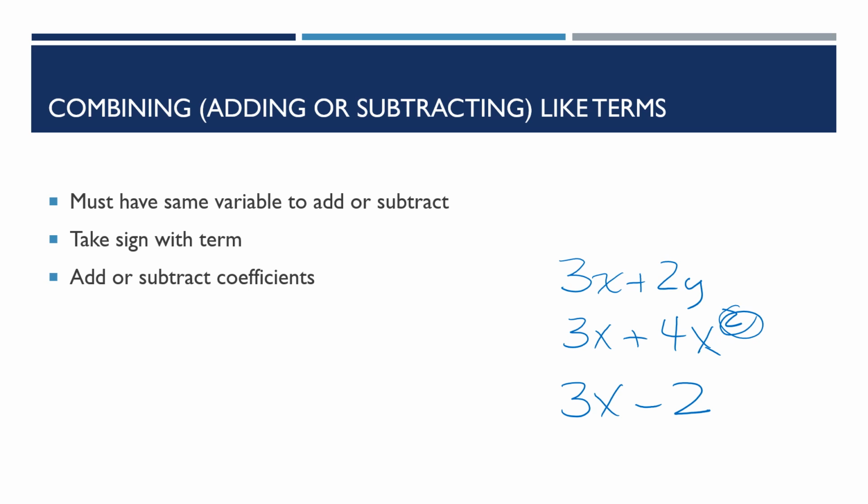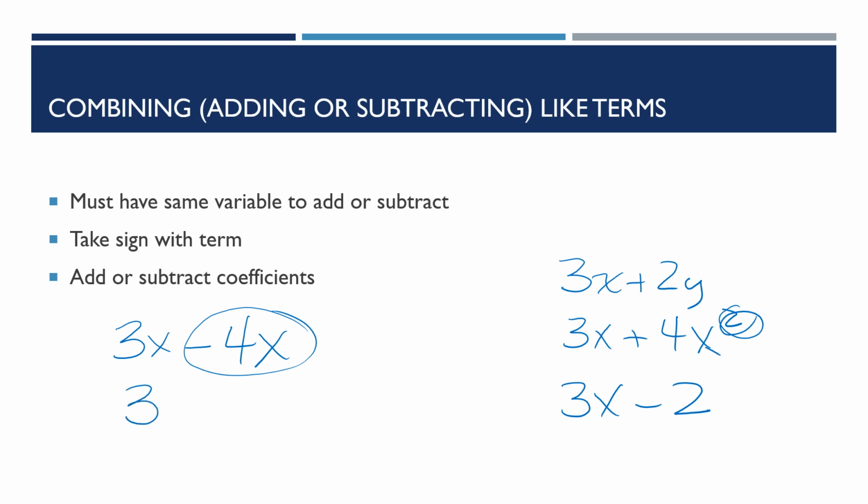Okay. So to combine like terms, if I have something like 3x minus 4x, we're going to take the sign with the term, meaning if we're moving things around, we're going to take what's in front. So that minus becomes negative 4x.